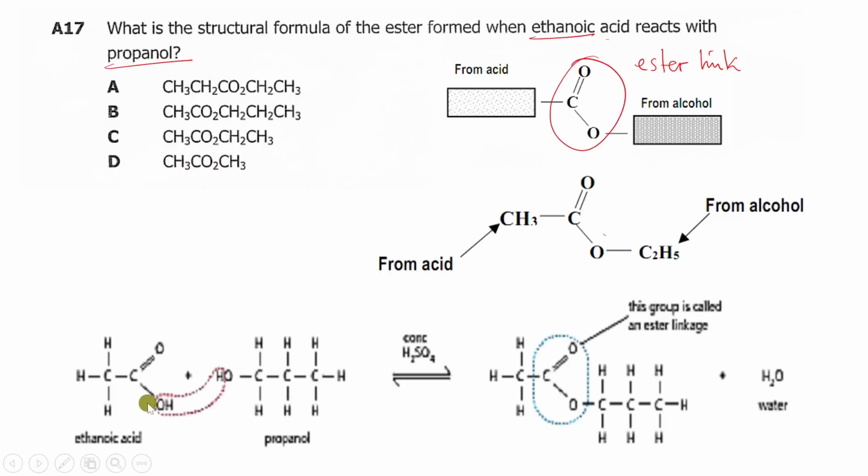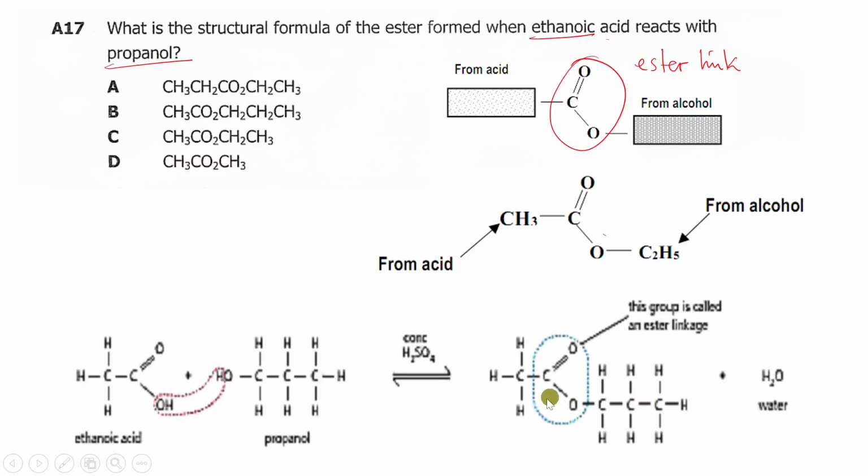And when this loses, this comes to join here. So this part is this part here. Then this carbon comes here, then this oxygen comes here, and this part comes here. So now, this is it.